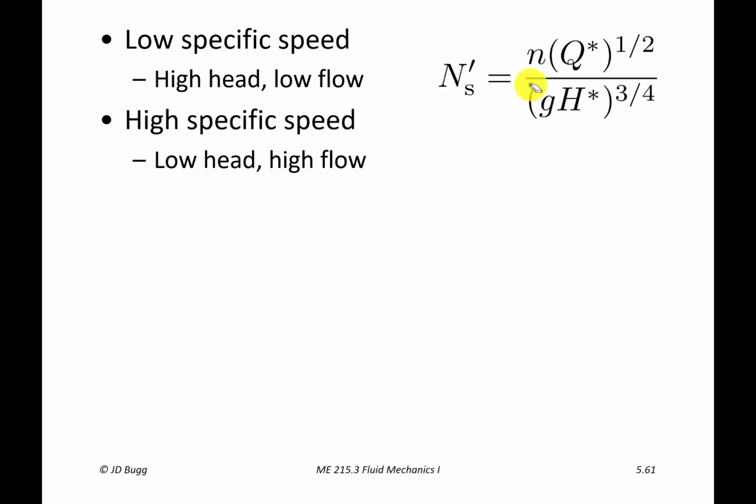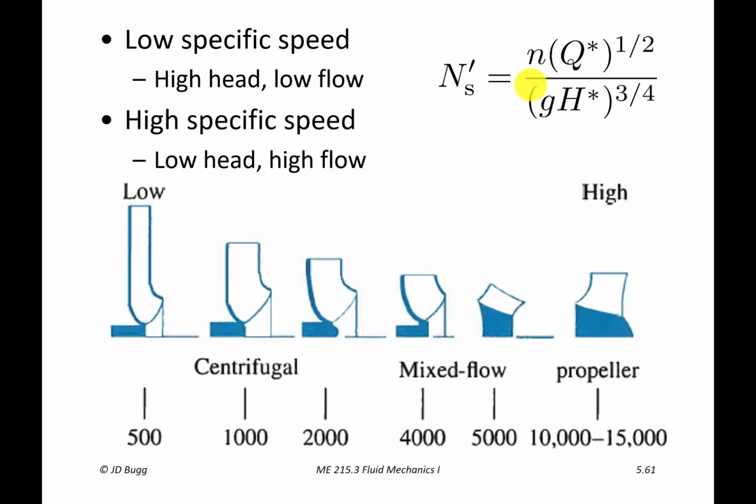Now let's take a look at typical specific speeds for different designs of pumps. So this is another figure out of your textbook, and what it's showing is a single impeller blade for a whole bunch of different pumps as we go from this end, which is pretty much a purely centrifugal pump. So notice the flow would be coming in here, turning, and for most of its trip it's traveling in the radial direction.